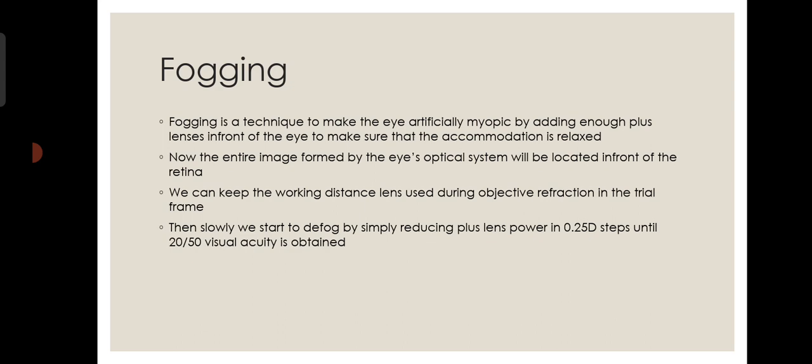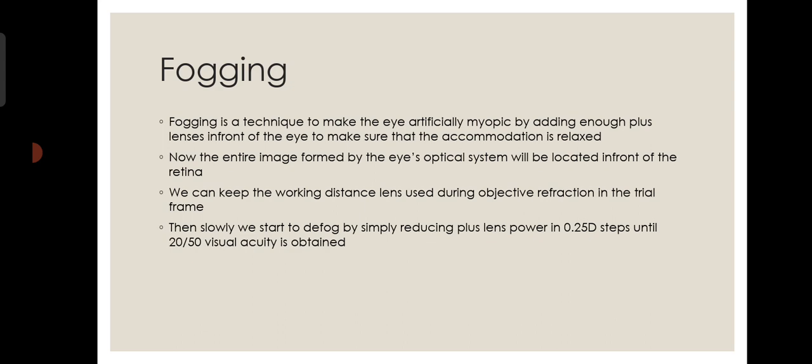Not a point light or something. Why a 6 by 60 target? His accommodation needs to be relaxed. Now you have fogged the patient adequately by placing plus 1.5 in both the trial frames, so you need to keep that in mind.